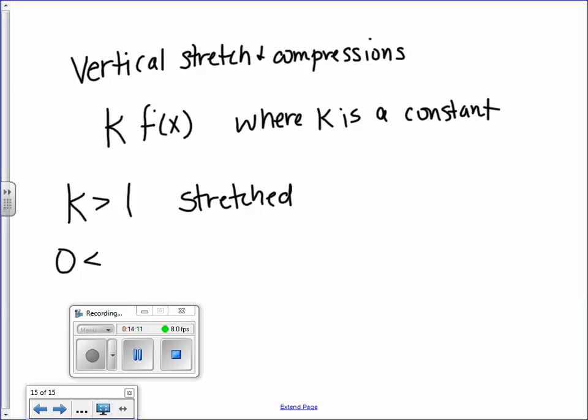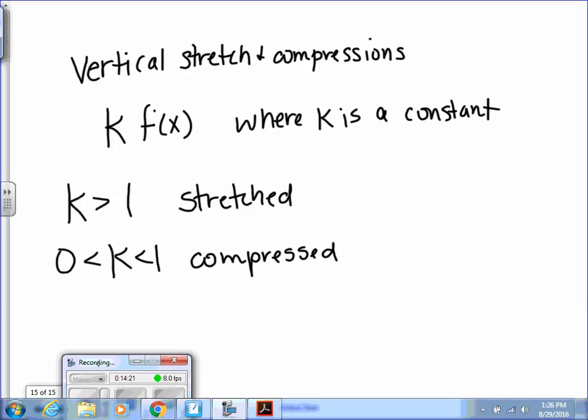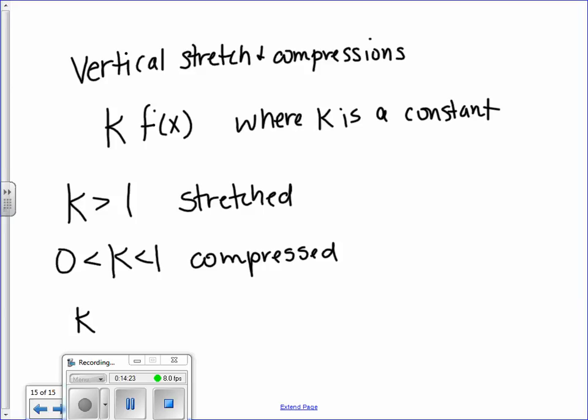If k is between 0 and 1, then it's compressed. If k is less than 0, then it's flipped and it's been stretched or compressed.